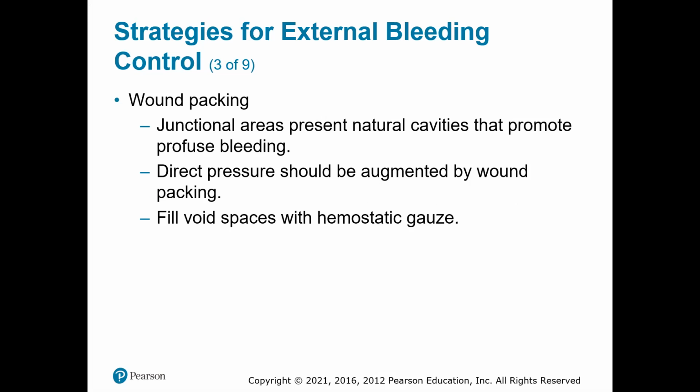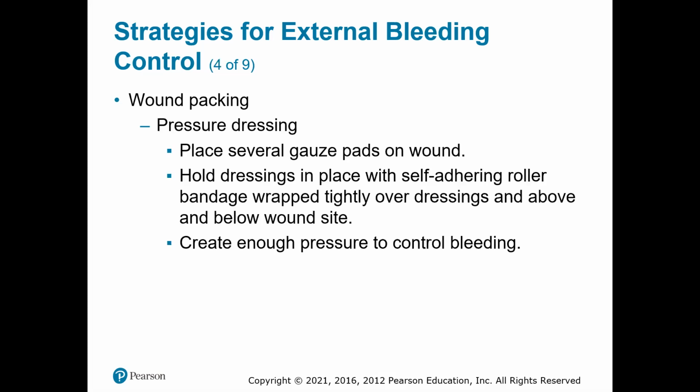Junctional areas are going to be very tough. Remember, with the junctional areas, those are joints coming into the cavities. You're going to have to probably use direct pressure and packing, packing the wound and using hemostatic gauze or QuikClot so it can assist in the clotting process.